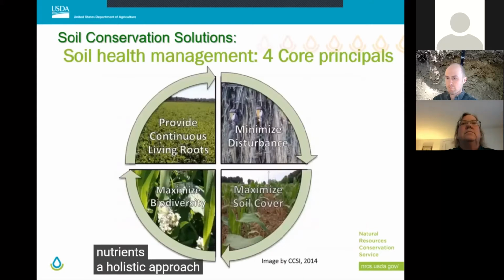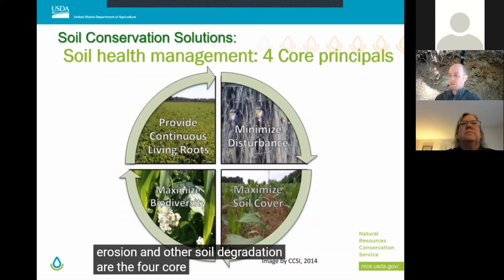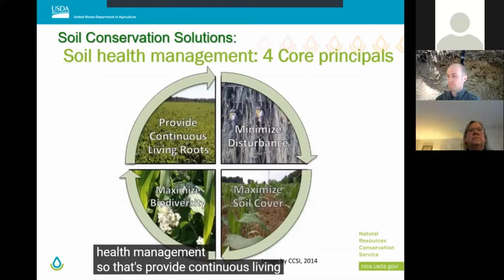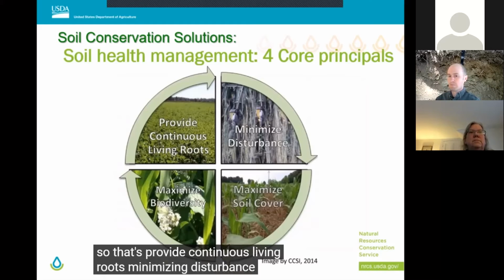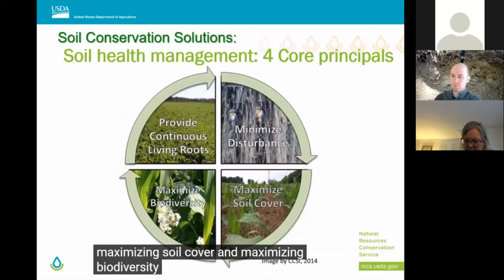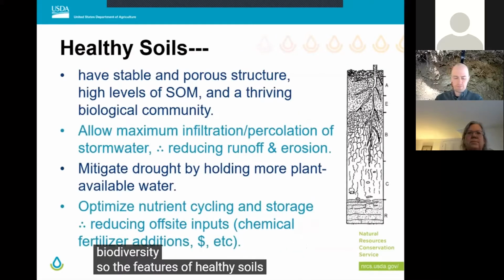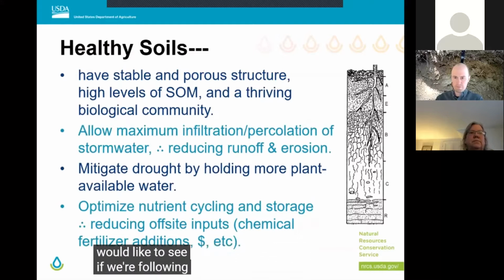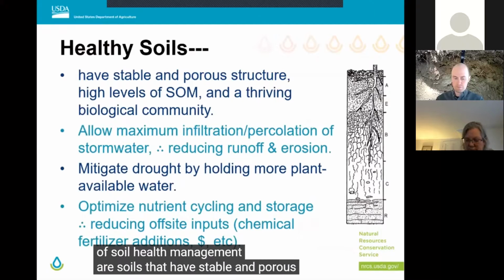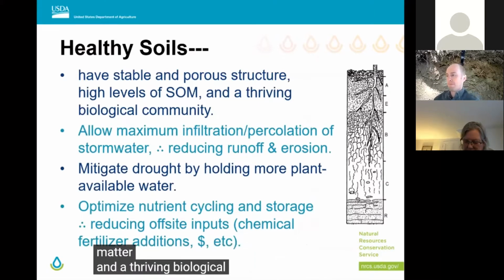A holistic approach for mitigating soil erosion and other soil degradation are the 4 core principles of soil health management. So that's provide continuous living roots, minimize disturbance, maximize soil cover, and maximize biodiversity. The features of healthy soils that we would like to see if we're following these core principles of soil health management are soils that have stable and porous structure, high levels of soil organic matter, and a thriving biological community.